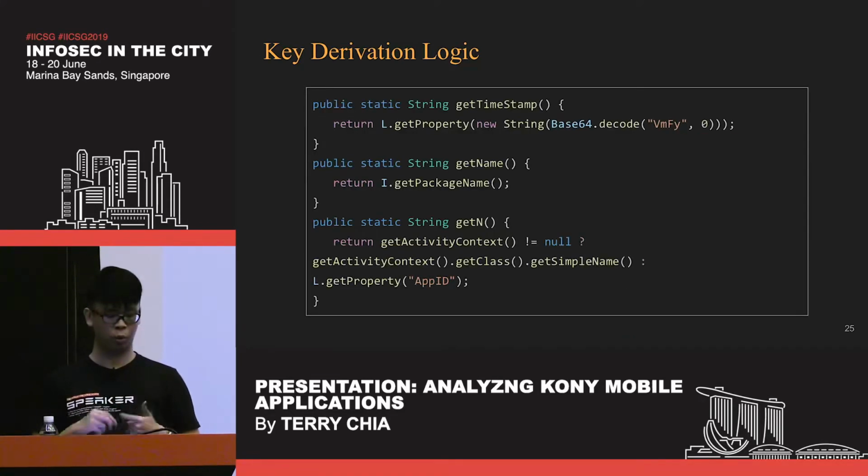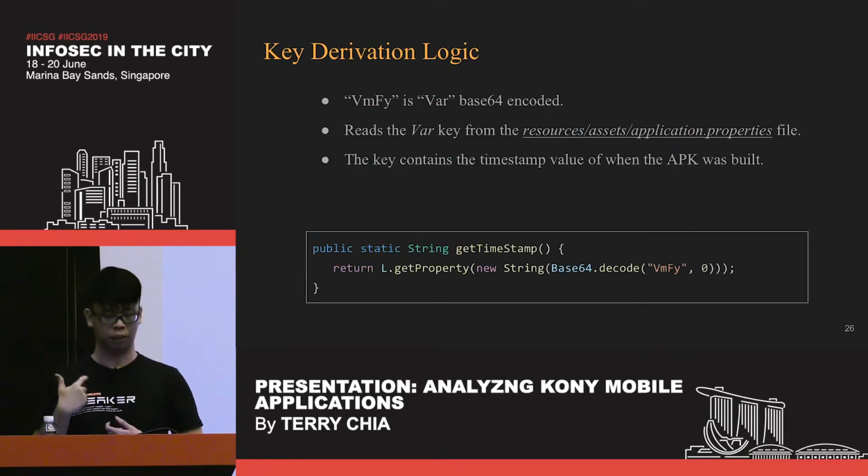You might be interested to know what the three different functions that it called during the key derivation process are, and they are actually Java functions that are in the Dalvik bytecode. So the native code in the Kony JSVM shared library calls out to some other function in your APK file.